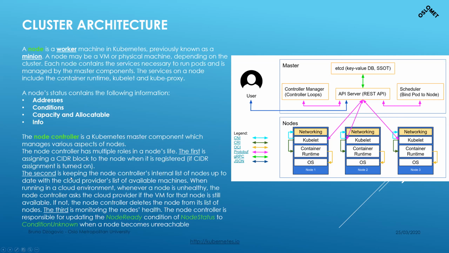The other is keeping the node controller's internal list of nodes up to date with the cloud provider's list of available machines. If this is running in a cloud environment, when a node is not healthy, the controller asks the cloud provider if the VM for that node is still available. So it communicates with the fabric of the provider.